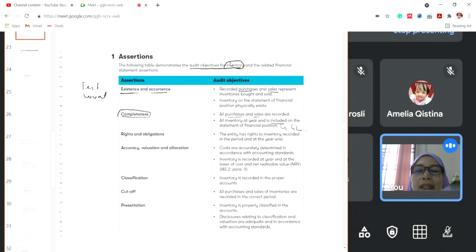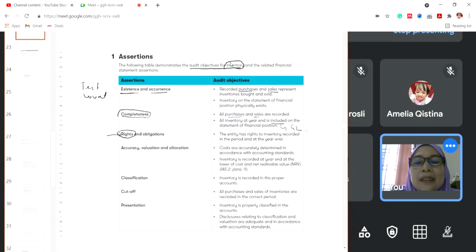For rights and obligations, you have to look at the ownership: whether the inventory is the right of the company, or the inventory is still under obligation, meaning it is not yet paid and the company still owes the supplier.